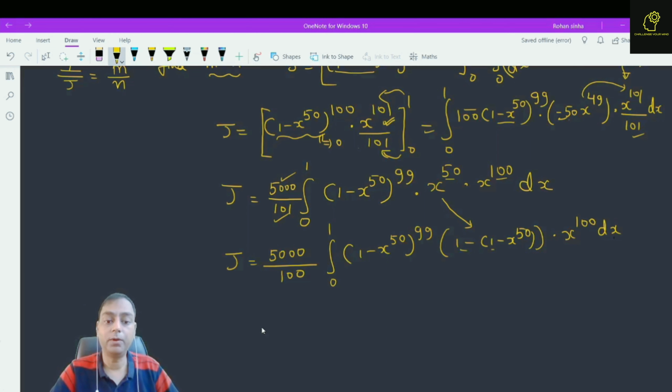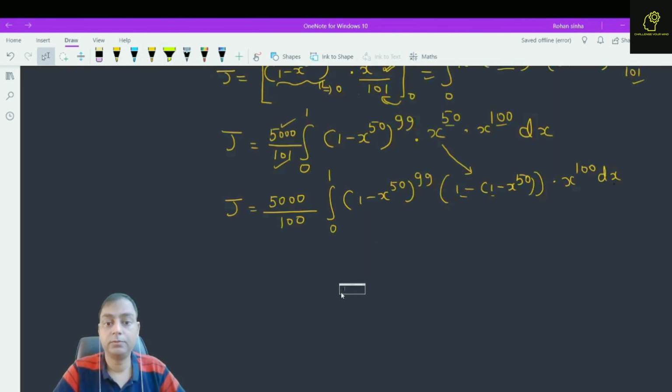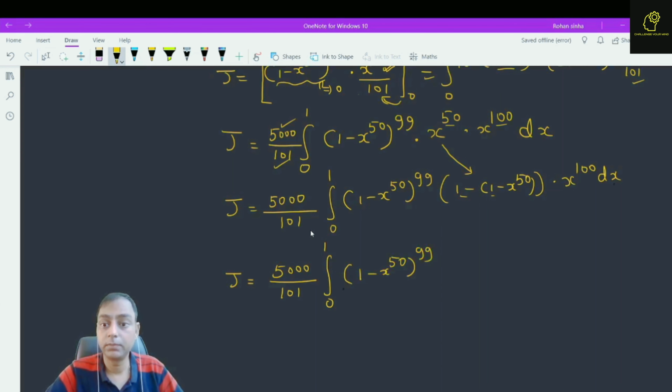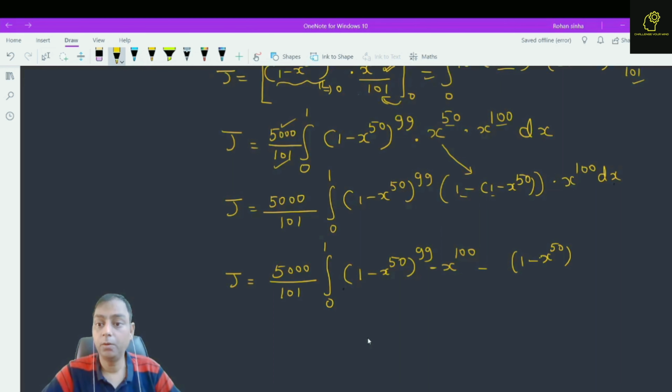Now calculating this further, we find J as 5000 divided by 101, with the integration limit 0 to 1, of (1 minus x^50)^99 into x^100 minus (1 minus x^50)^100 into x^100 dx.